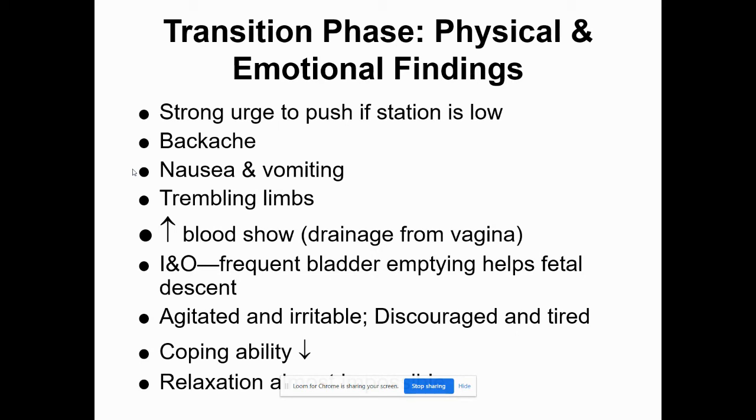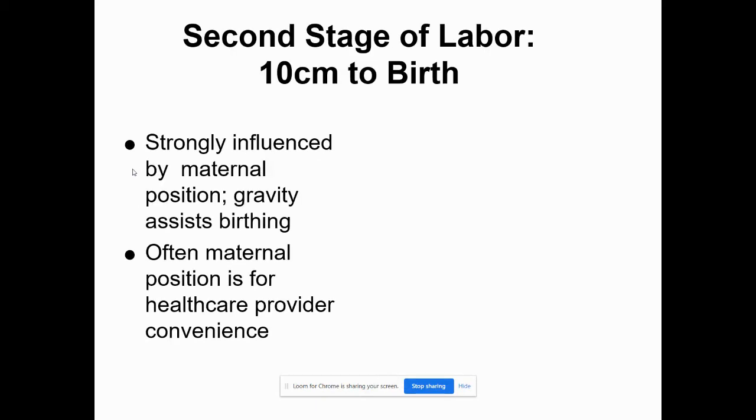They may become discouraged and tired, and that doesn't help their coping ability. So relaxation at this point is pretty much impossible because you're actively in discomfort and your body is doing its thing to push this baby out.